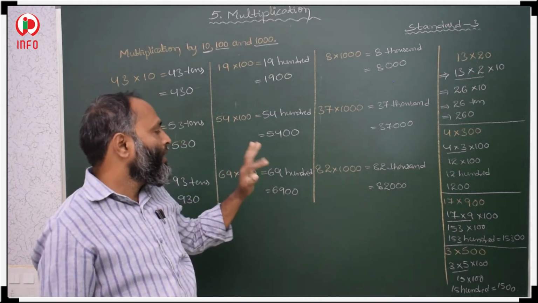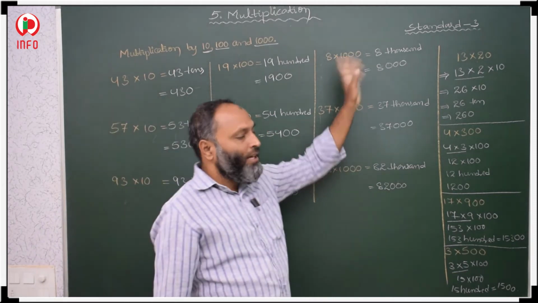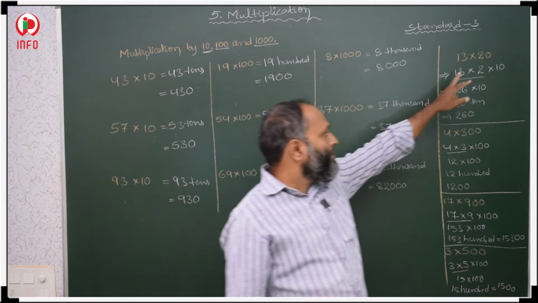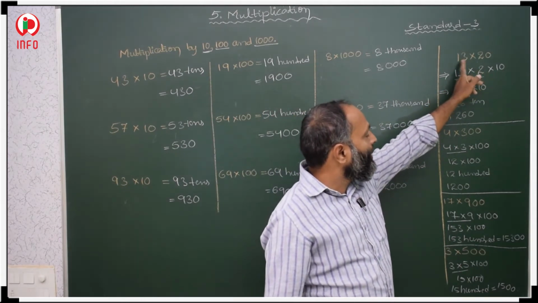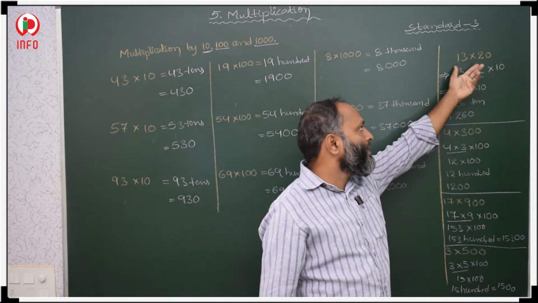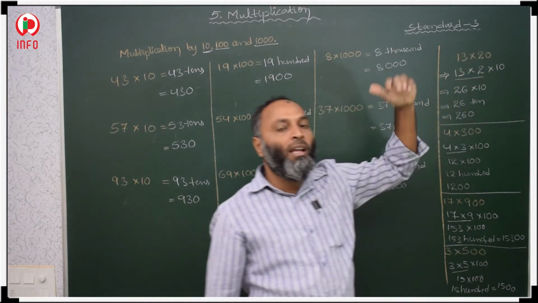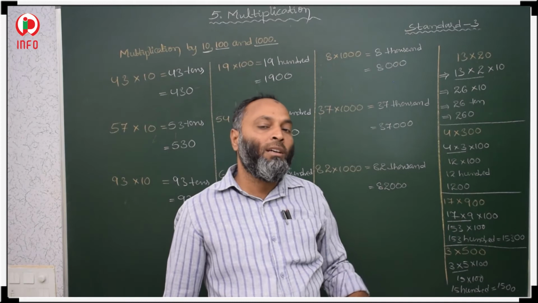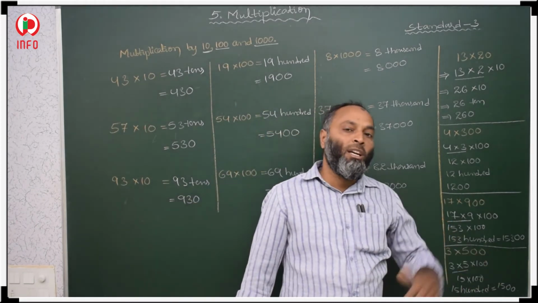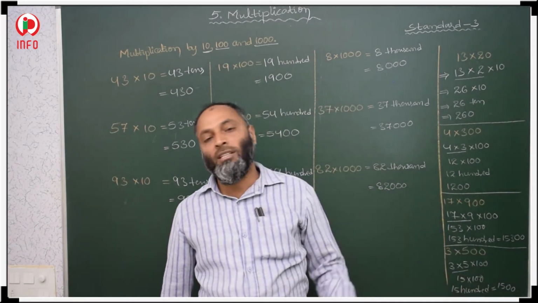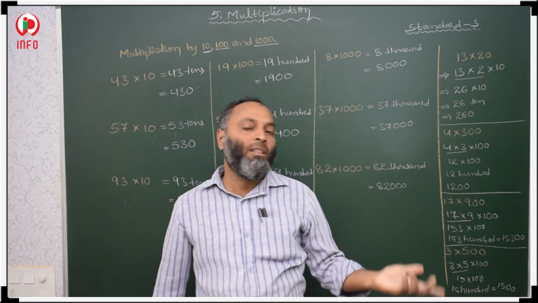No need for modification, we just write the product. But here 13 into 20 is there, so modification is needed. 20 means 2 tens, so in this way we modify and find the product by multiplying with tens, hundreds, and if possible thousands also.